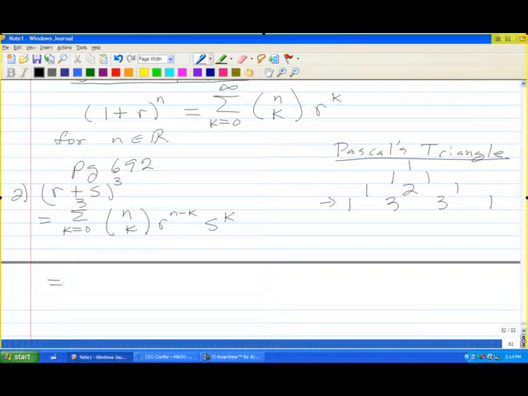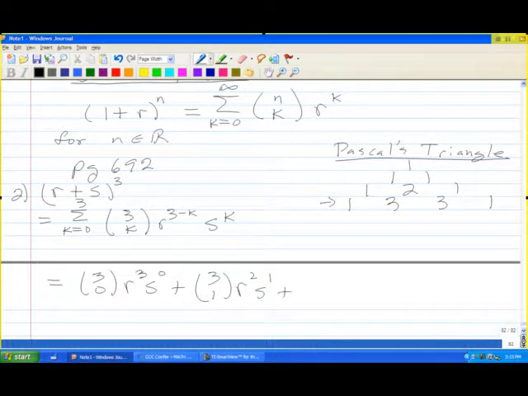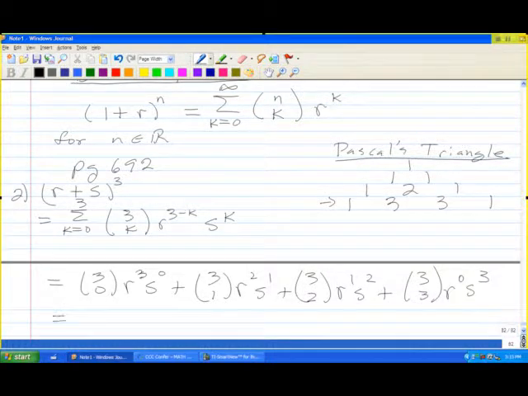And of course n is 3. So 3C0, r cubed, s to the 0, plus 3C1, r to the second, s to the 1, plus 3C2, r to the first, s squared, plus 3C3, r to the 0, s to the third.